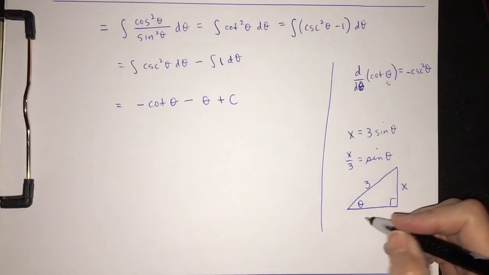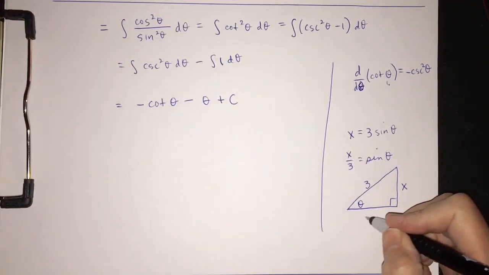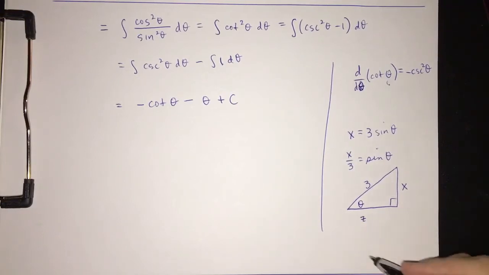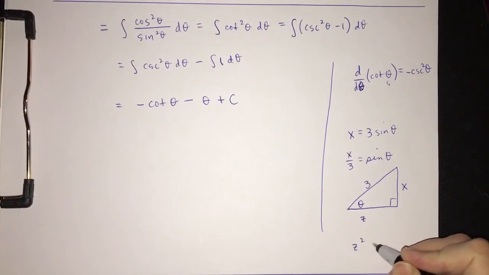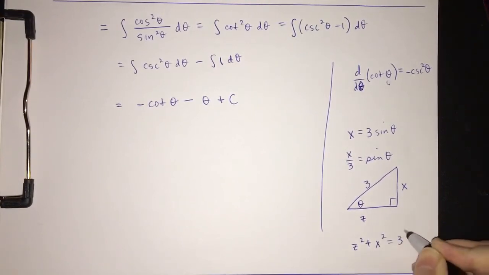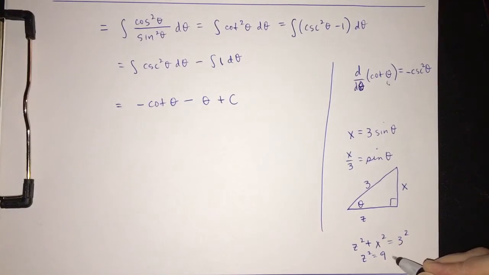So if I call the third side, well, let's call it z or something like that. So I want to find z. z squared plus x squared equals 3 squared. So z squared is, well, 3 squared is 9, 9 minus x squared.